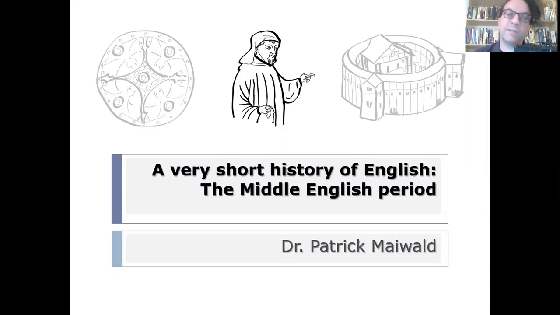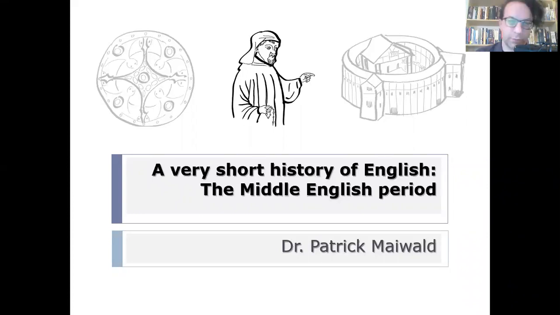So for us, this means that the English of Geoffrey Chaucer, for example, which is Middle English, is recognizably different from the earliest English we find, that would be Old English. And it's also recognizably different from present day English. And so just in order to have a term for this particular variety of English, we call it Middle English for that reason.